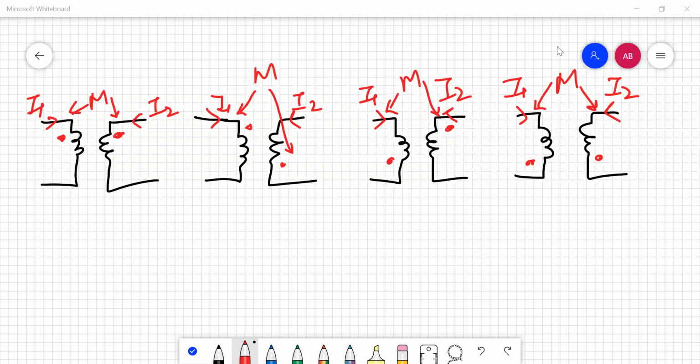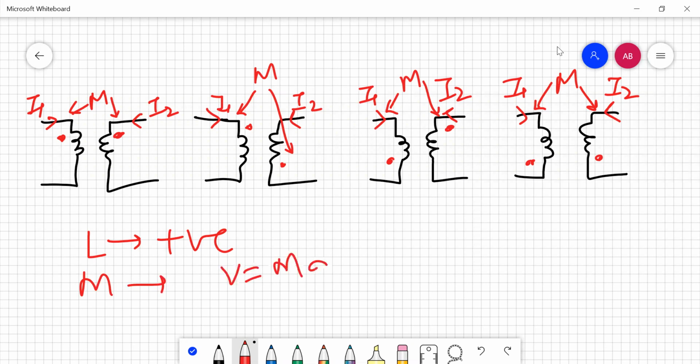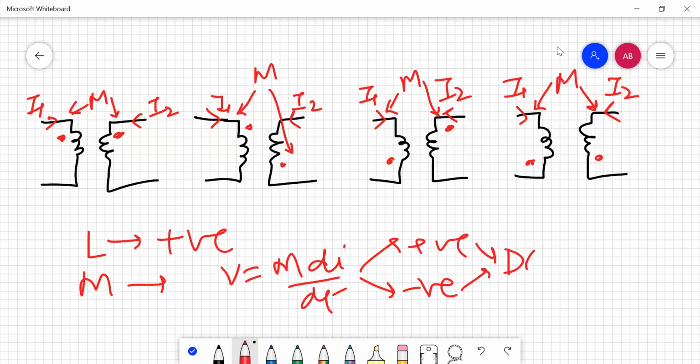While we talk about the self-inductance, it is always taken as positive. But when we talk about the voltage developed because of mutual inductance, that is M di by dt, it can be positive as well as negative. And how to decide whether this voltage because of the mutual inductance will be positive or negative is decided by a convention that is known as dot convention.